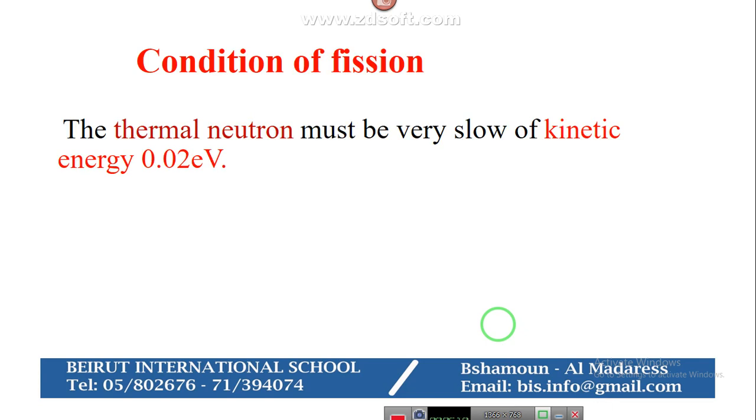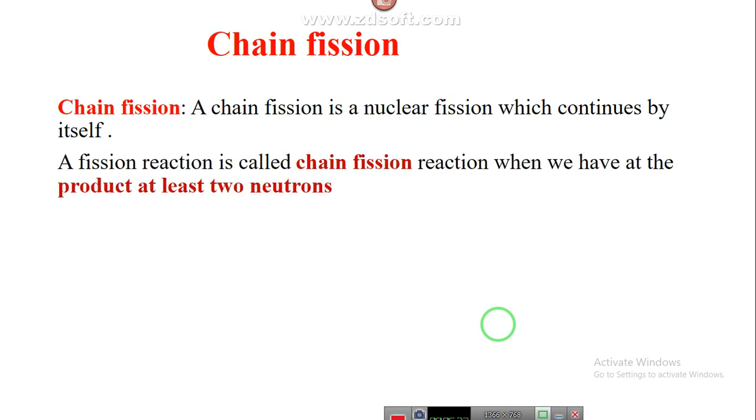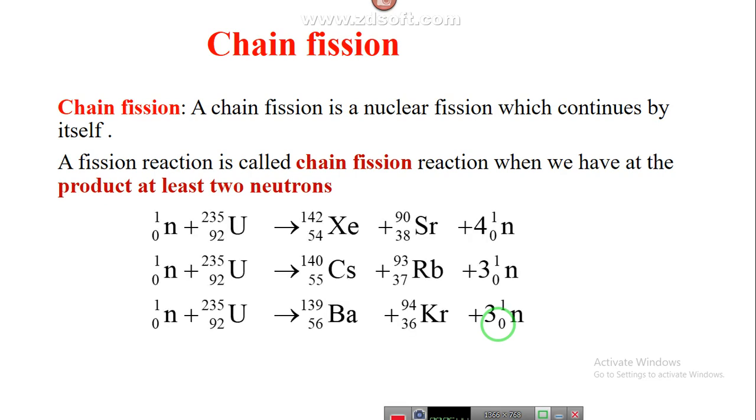Condition of fission. We have only one condition for fission: the thermal neutron must be very slow, with kinetic energy 0.02 electron volt. Chain fission. Chain fission is a nuclear fission which continues by itself. A fission reaction is called a chain fission reaction when we have at least two neutrons in the product, like in this equation, where we have 3 or 4 neutrons.